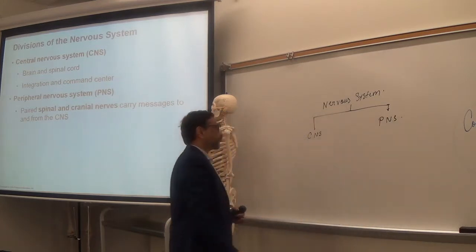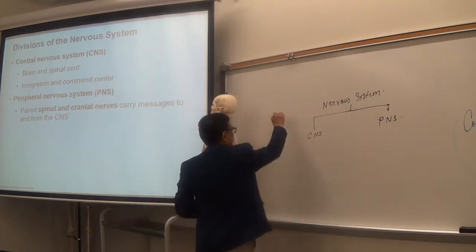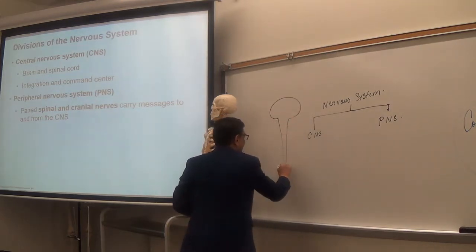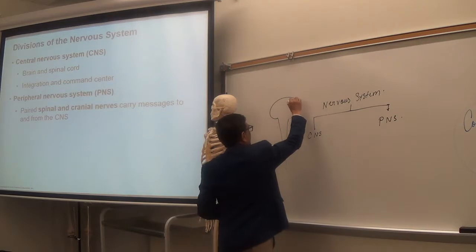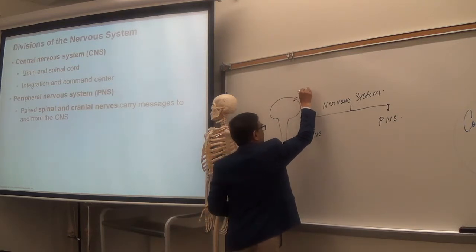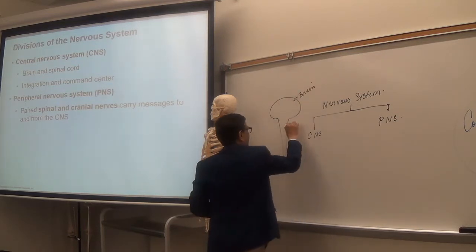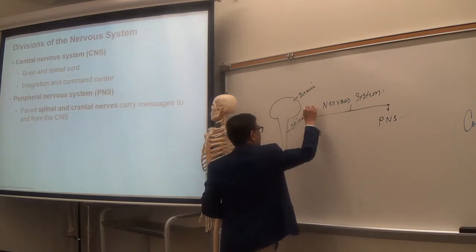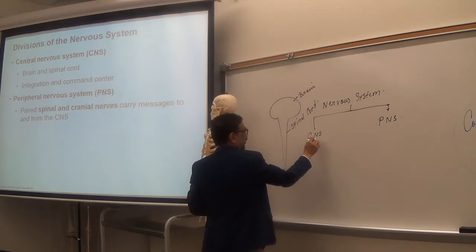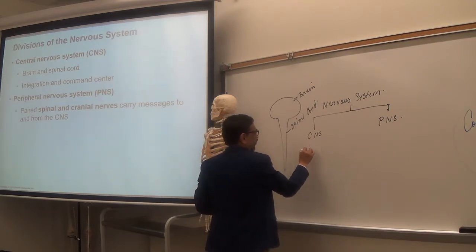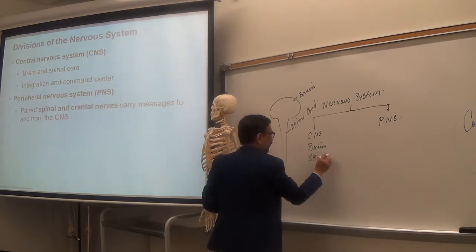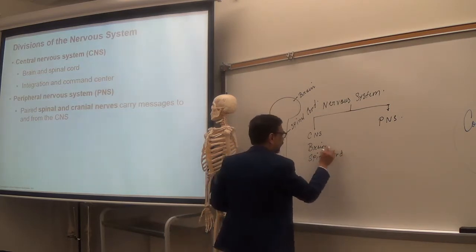Okay? Central nervous system consists of the brain and the spinal cord. So this is the brain and this is the spinal cord. So central nervous system consists of a brain and a spinal cord. Okay.